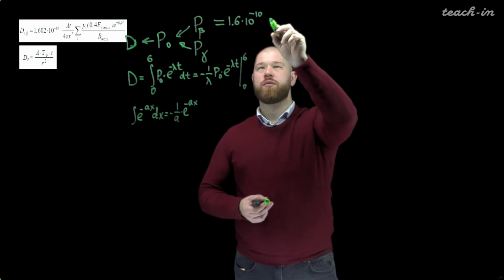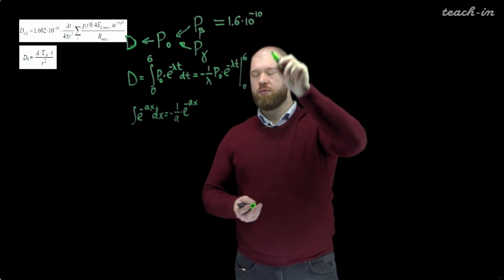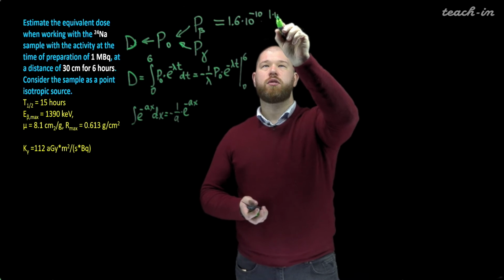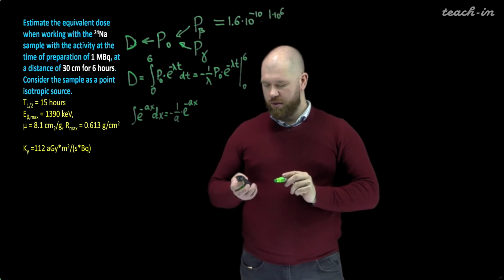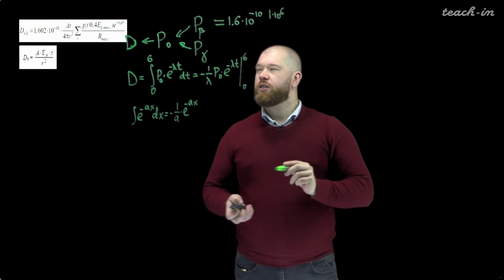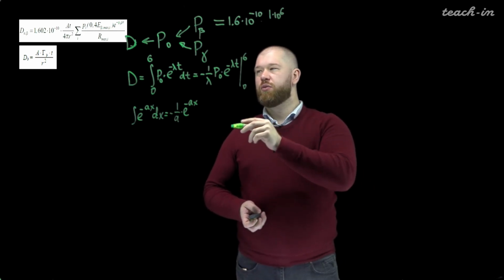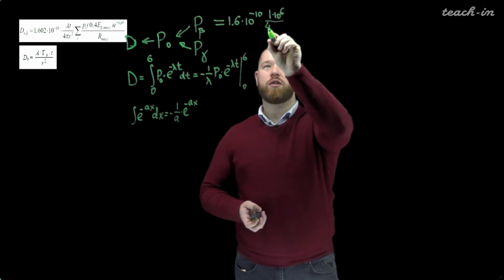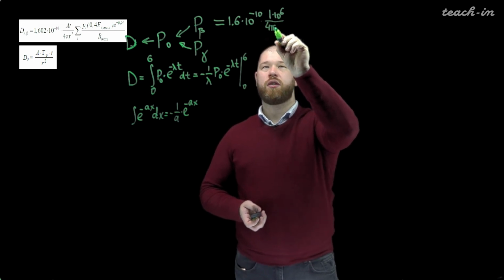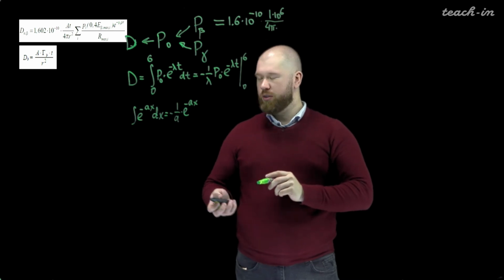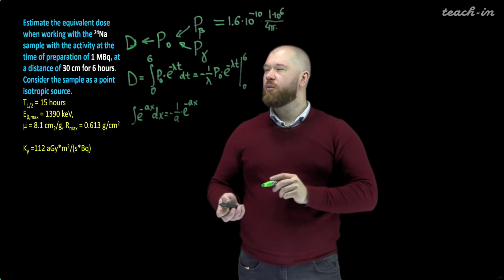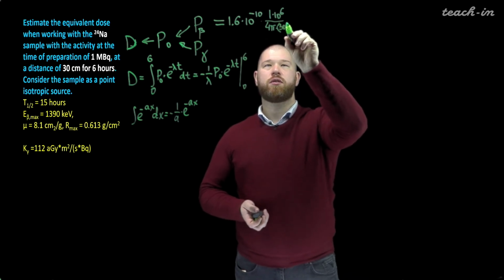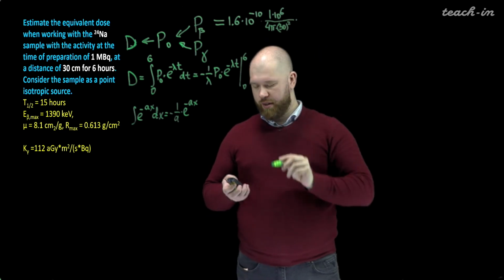Activity, we know the activity, it is 1 times 10 to 6 becquerel. Time we will not use, because dose rate is dose divided by time, but we will take 4π and distance squared, and the distance we will take in centimeters, so it is 30 squared.